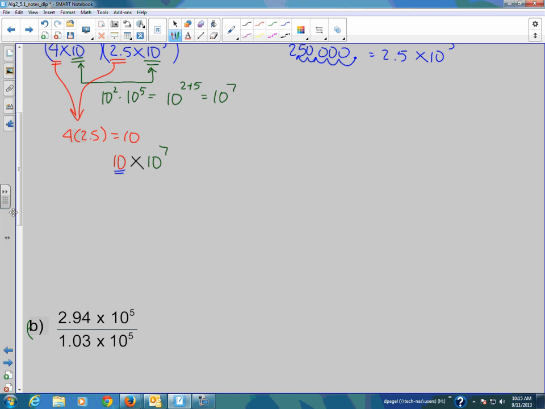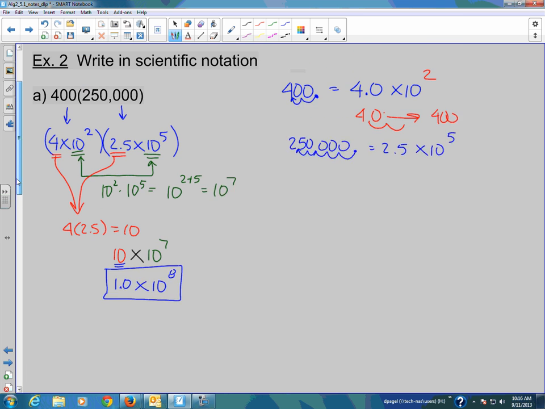So we need to kick that decimal back to the left 1. So the 10 needs to become a 1.0. And thinking about moving that decimal back to the left 1 meant that I would have to add a power on my exponent. And so I get 1 times 10 to the 8th.